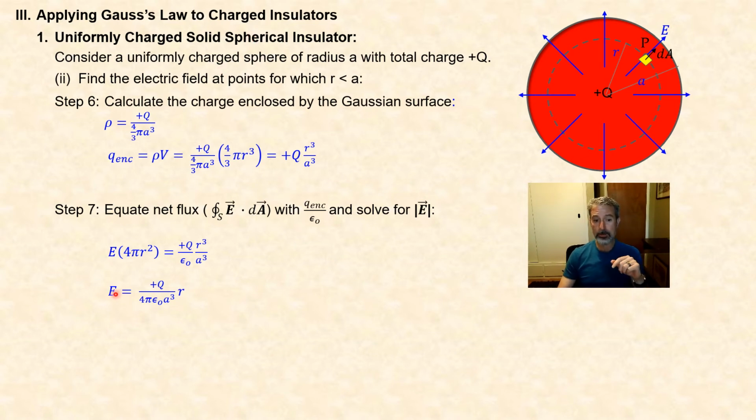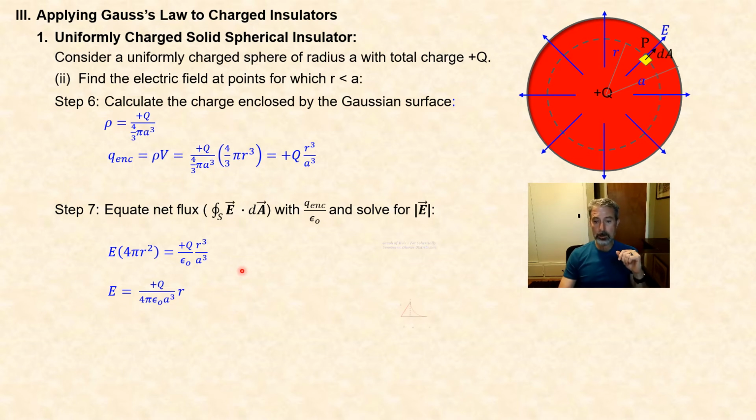Notice here that when you're outside of the charge distribution, the electric field gets smaller as the square of distance. When you're inside the charge distribution, the electric field gets bigger linearly with r, with the distance you are from the center of that charge distribution.